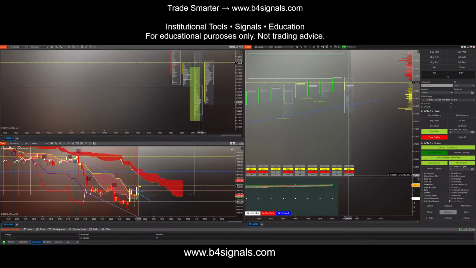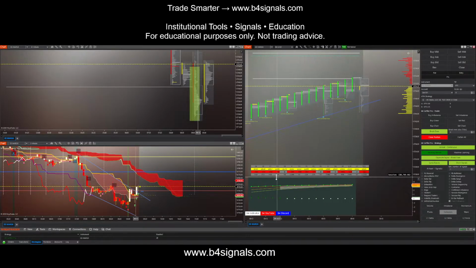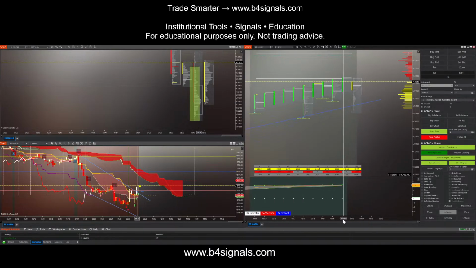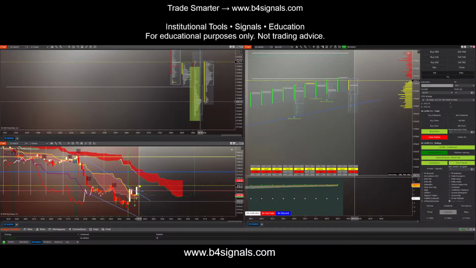Look at the extravagant amount of volume building here. Look at the size of that versus the average candles, the average bar of the amount of volume traded. So that's a key to understanding when you're going to have some extraordinary movement, guys.